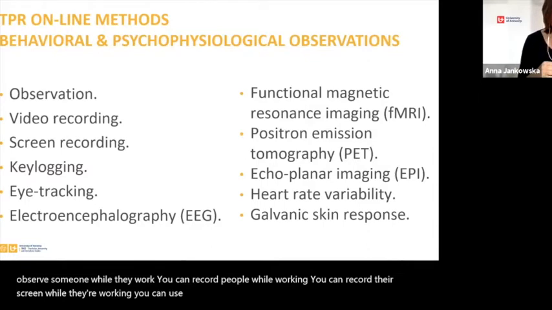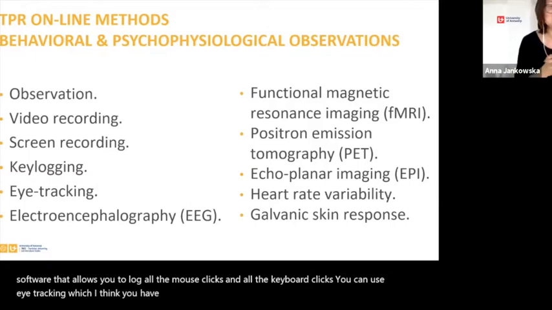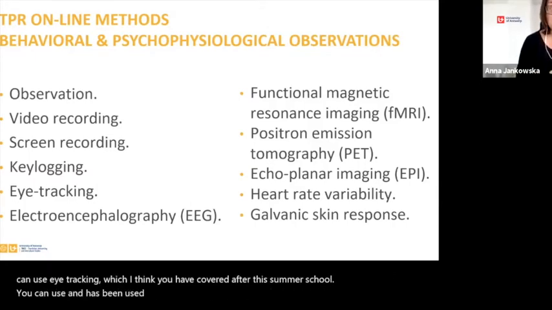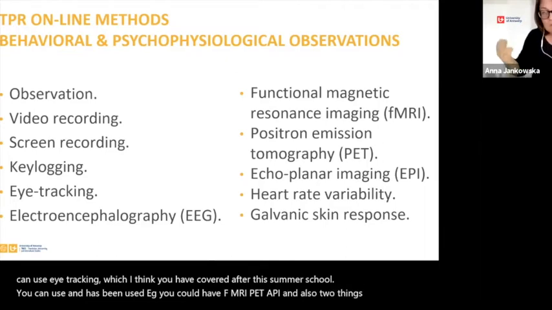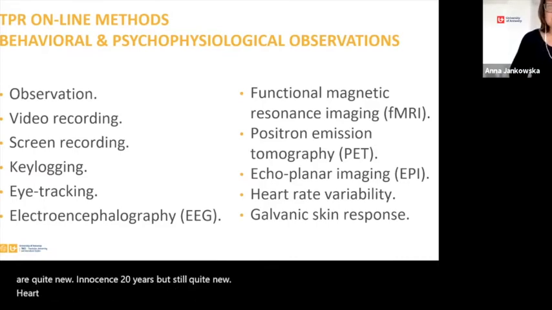We'll discuss that in a second. It's basically software that allows you to log all the mouse clicks and all the keyboard clicks. You can use eye tracking, which I think you have covered after this summer school. You can use, and has been used, EEG. You can have fMRI, PET, EPI, and also two things that are quite new in a sense, 20 years, but still quite new. It's heart rate variability and galvanic skin response or skin conductance.